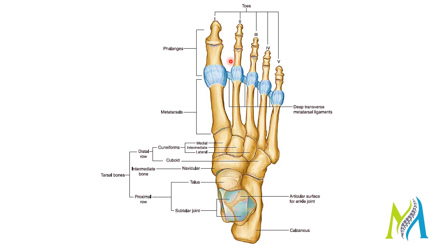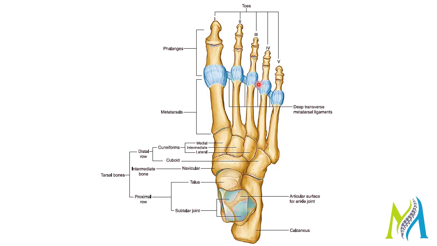Now, what kind of movements can happen here? Well, a lot of movements: flexion, extension. There is abduction, adduction. Although it is restricted by this transverse metatarsal ligament, there is still a kind of movement in between.